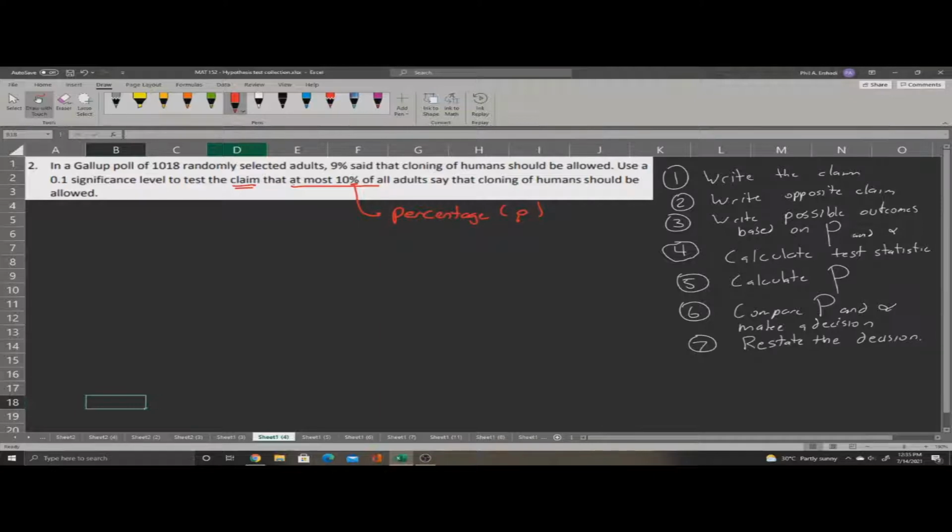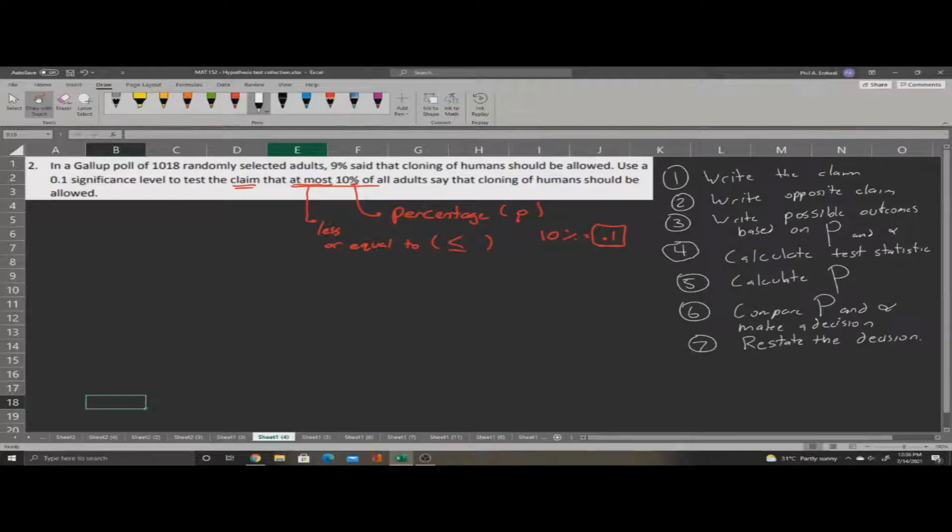We also see the words at most. At most means less or equal to. And so the symbol we use is less than or equal to. The number we use, 10%. Remember that 10% is the same thing as saying 0.1.